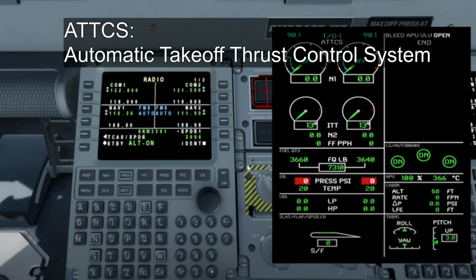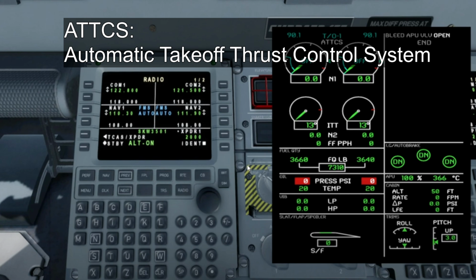Another term, ATTCS, the Automatic Takeoff Thrust Control System. This is a system that is basically designed to have additional thrust available for us in case we need it in the most critical phases of takeoff and go around.